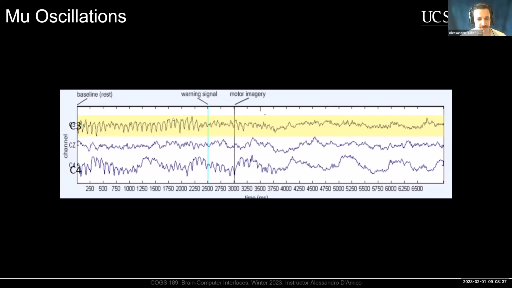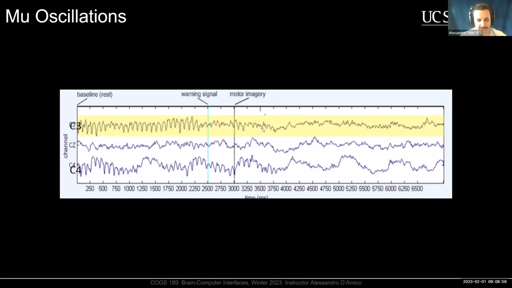The activity is also not just localized in the mu band, which is essentially the same as the alpha band, somewhere between 8 and 12 hertz, maybe 7 and 12 hertz, depending on the individual. We'll also see changes in beta, which is the frequency right after alpha. So it's going to be typically between 12 and 30 hertz.